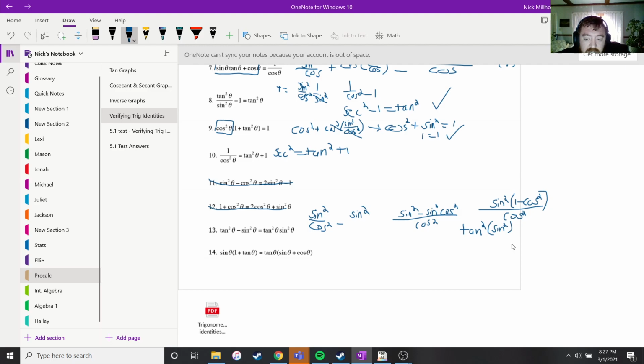This can be our answer. Alright, so that checks out. So we have sine times 1 plus tan is equal to tan times sine plus cosine. So if you did this, you would have sine times secant.